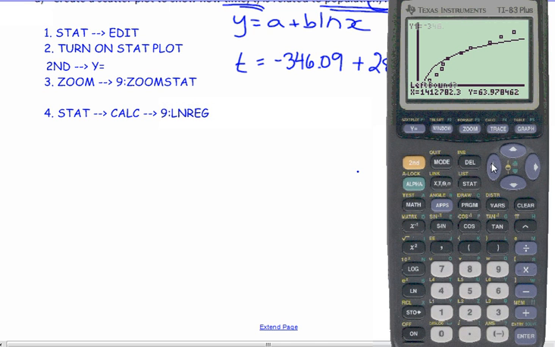Now left bound. You can just hold it down. We're looking for a negative y value. This is too far, right? Because you have to have a y value. There's a negative 1. Push enter. Right bound, need a positive y value. There we go. Push enter, and it says make a guess.